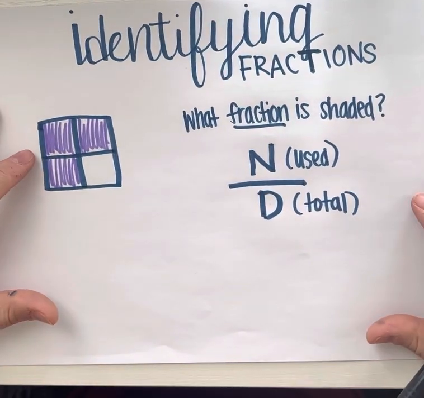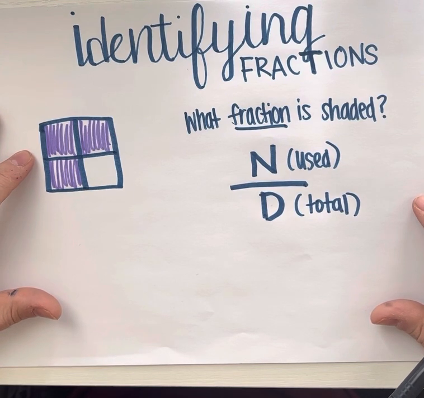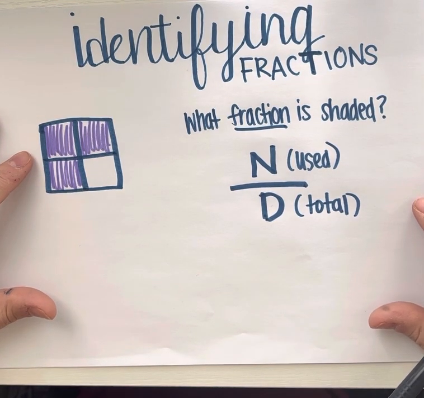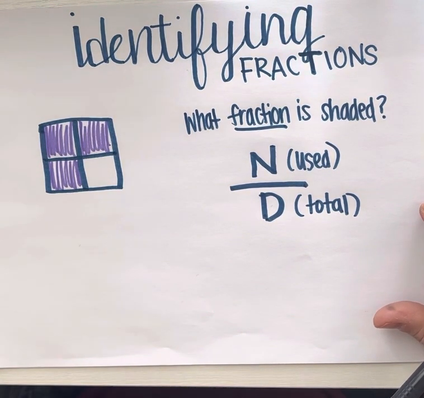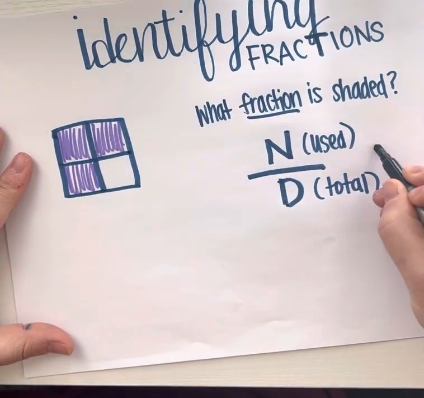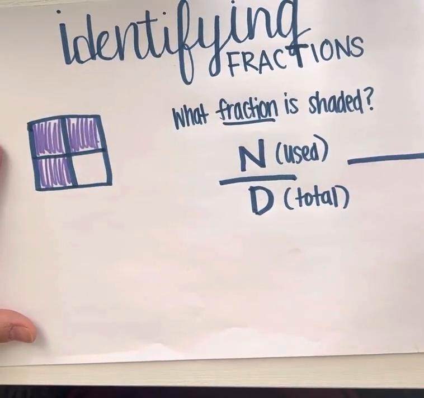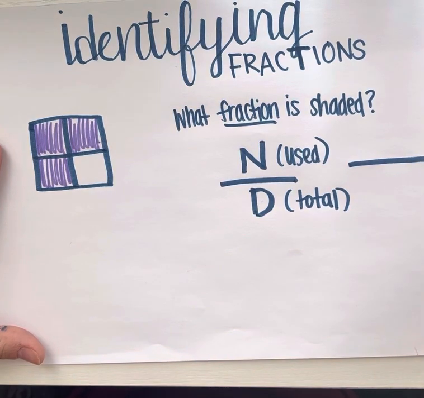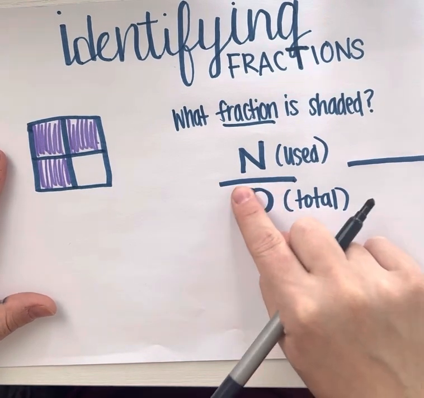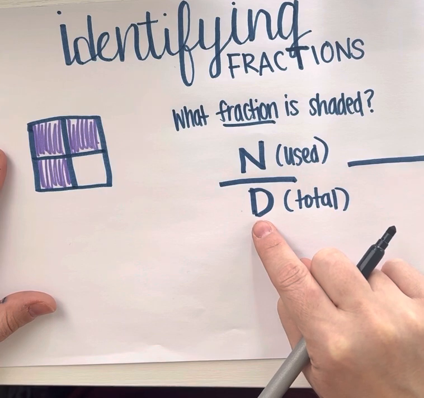So if I want to take a look at this whole right here, and I want to identify the fraction that is shaded, I'm going to first draw my fraction bar. That helps remind me that I need that top and bottom number. I like to start with the denominator, the total.